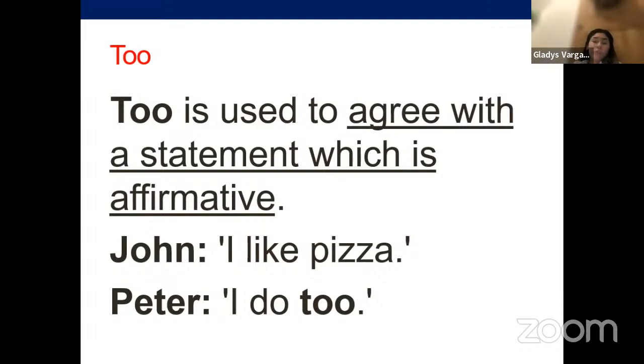I do too. But remember the rule for tag questions also, if you see the verb to be, use the verb to be. So it's going to be, I am too. Oh, so I just use do when I don't see the verb to be.